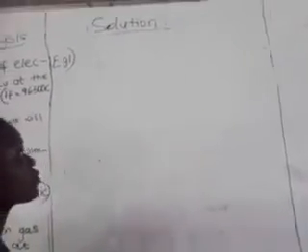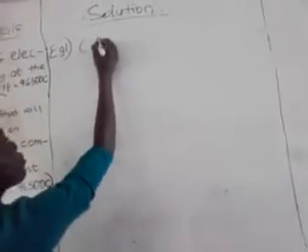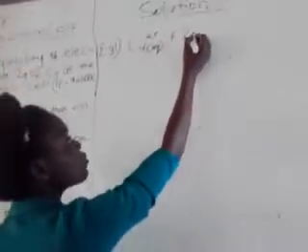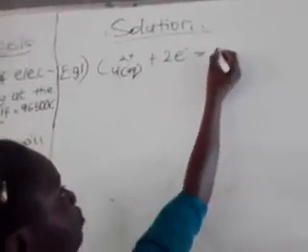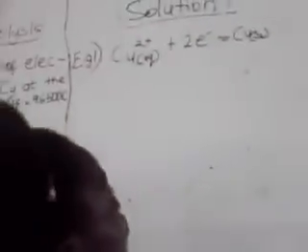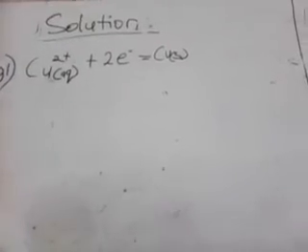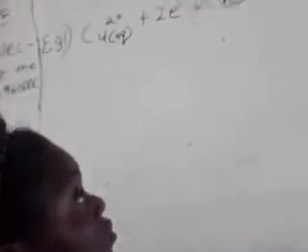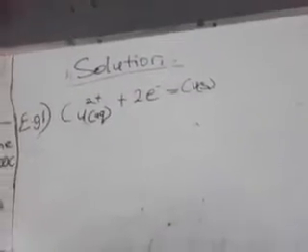We write Cu2+ aqueous plus 2e- gives Cu solid, meaning 1 mole of copper 2+ ions gains 2 moles of electrons to discharge and deposit as 1 mole of copper atoms at the cathode.